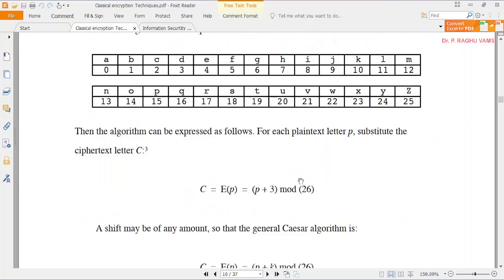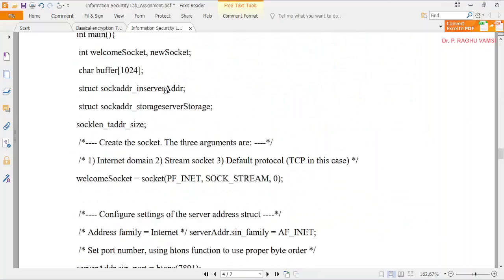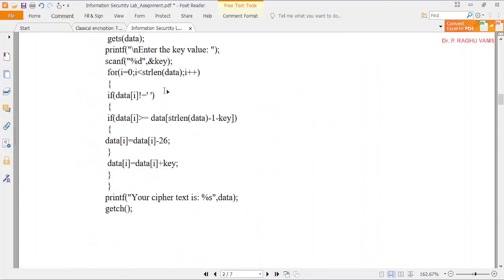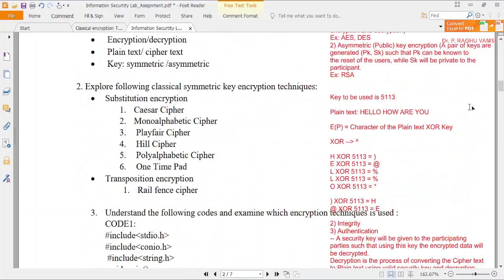This is the simple example that I can show you with the help of the Caesar cipher. Not only Caesar cipher, there are other ciphers available like monoalphabetic cipher, Playfair cipher, Hill cipher, polyalphabetic cipher, one-time pad, and rail fence cipher. This is a transposition cipher, which is based upon matrix formulation.